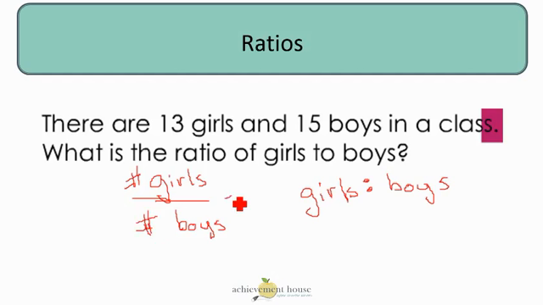So the number of girls is 13 to the number of boys, which is 15. Down here similarly as 13 to 15 using a colon. So there are 13 girls and 15 boys in a class. The ratio of girls to boys is 13 to 15.